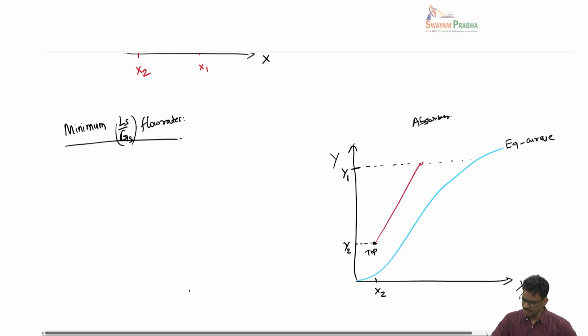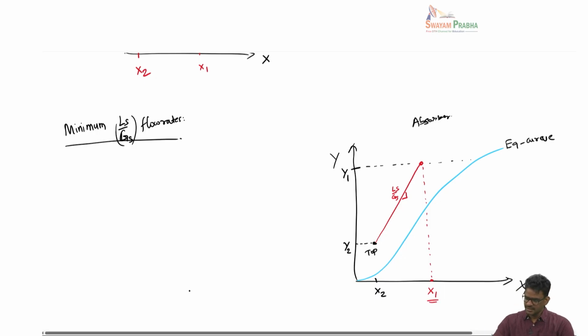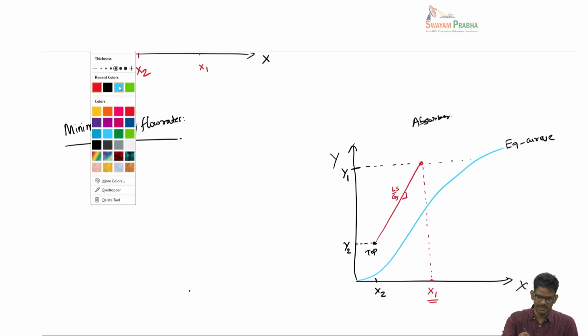So once I have this operating line with a slope equal to Ls by Gs, this will tell me what would be the composition of the liquid at the bottom. So this is a liquid that is absorbing the solute from the gas and leaving the column at the bottom. So the composition x1 here is determined by the slope of this line. I can do another line here.